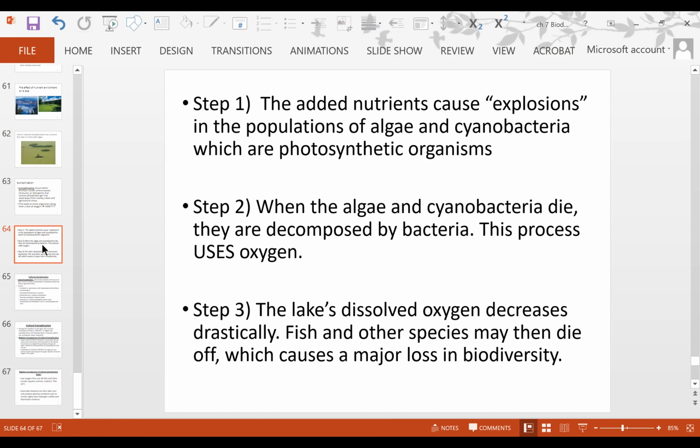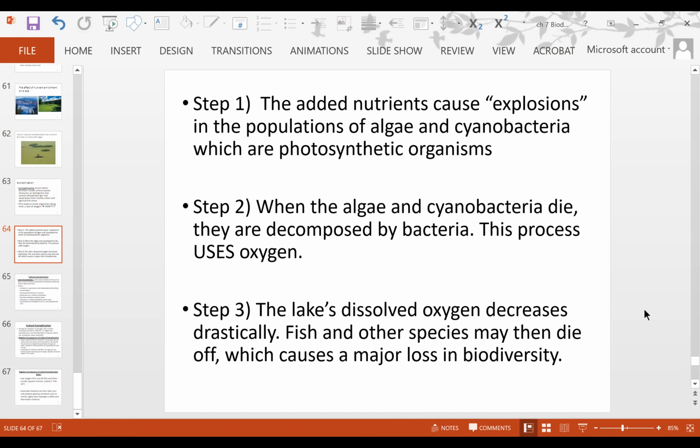Those bacteria are aerobic bacteria, so they're using oxygen, and that process depletes the oxygen in the lake. So the lake's dissolved oxygen then decreases drastically if there is a significant overgrowth of algae in the lake.